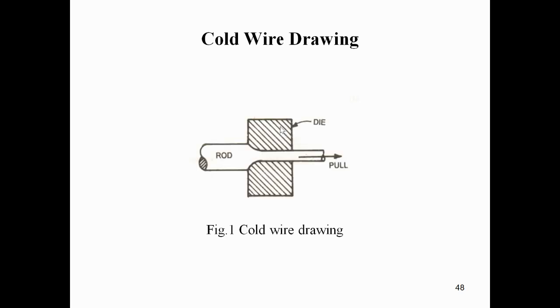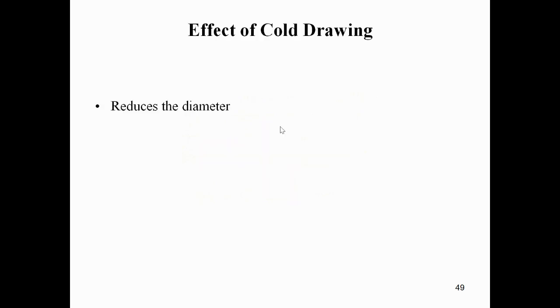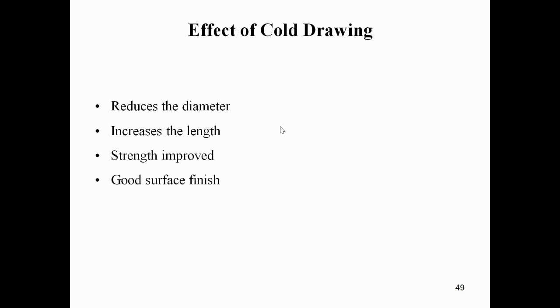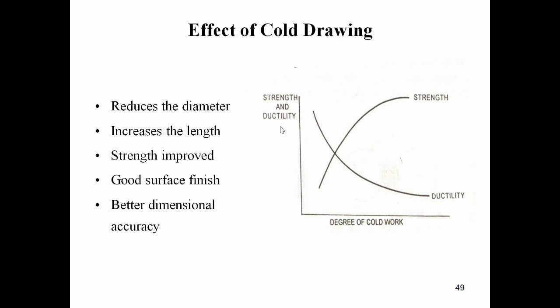So we can see the cold wire drawing diagram. Observe the figure here. Now, effects of cold drawing: it reduces the diameter and increases its length, strength is improved, good surface finish can be obtained, and better dimensional accuracy can be achieved.